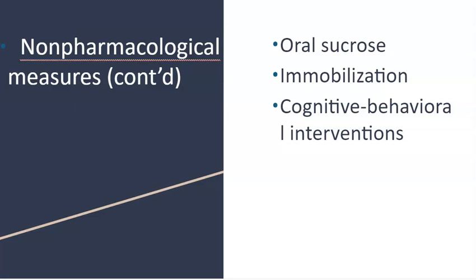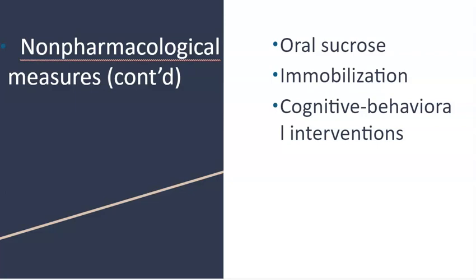They will often give sucrose to help soothe pain. The other one is immobilization of the part. So think of a broken or a sprained ankle. They might be in a splint that may offer some pain relief. Sometimes splints can be used for arthritic joints.